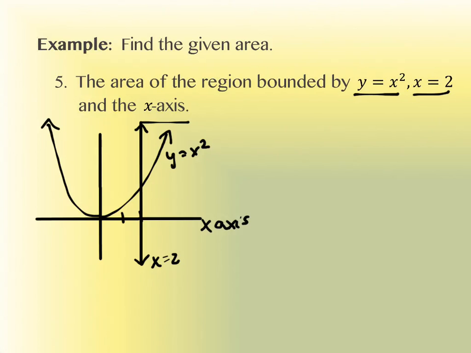All right, so I've labeled the three quantities I have. What we want is the area of the region that gets trapped by those three pieces of information. And that area is right in here. Does everybody see that okay?